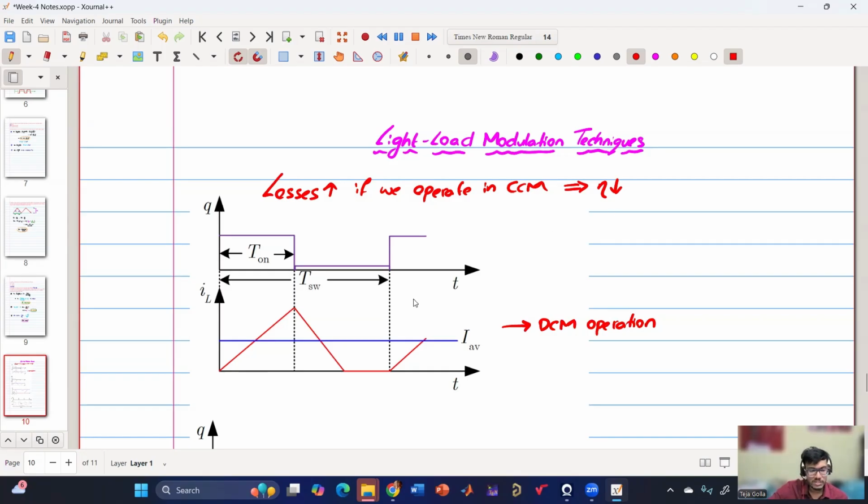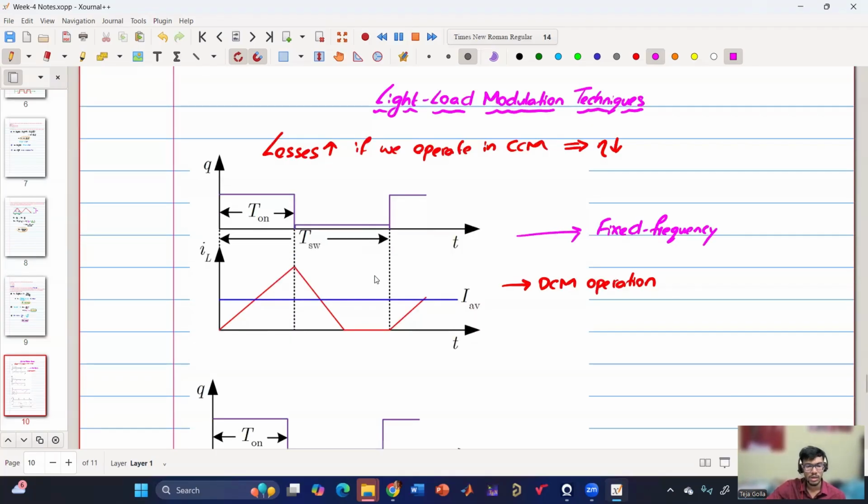This is fixed frequency operation, so T_SW is fixed and only the duty ratio is changed. Once the current hits zero, we keep it in this zero region. So this is fixed frequency DCM operation. Is this part clear?